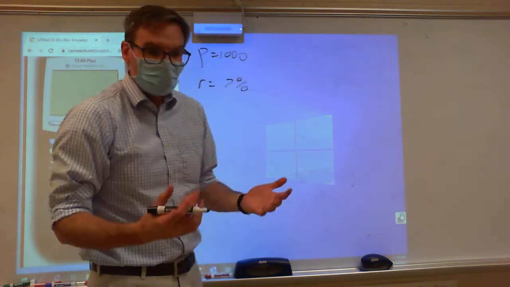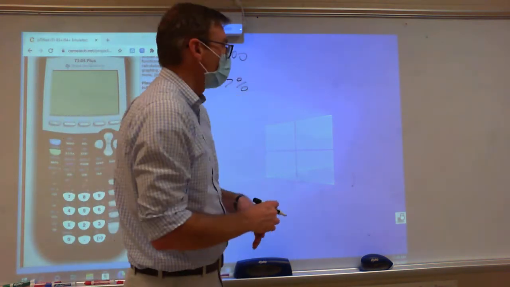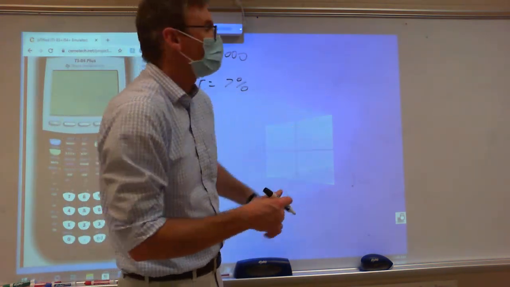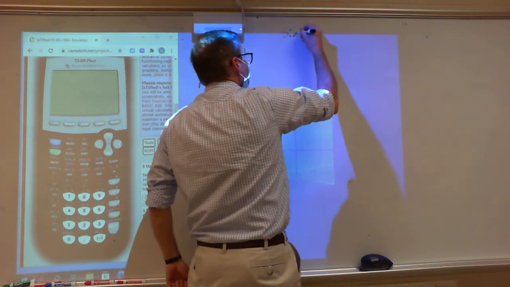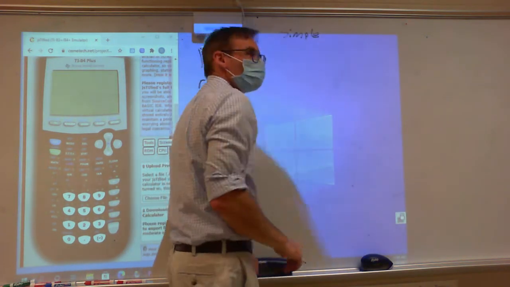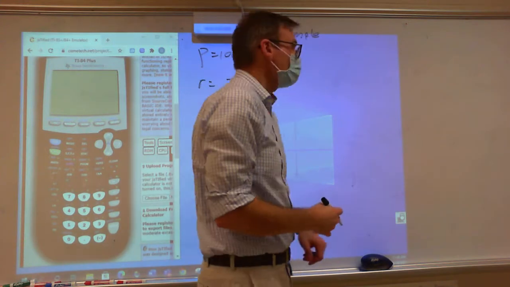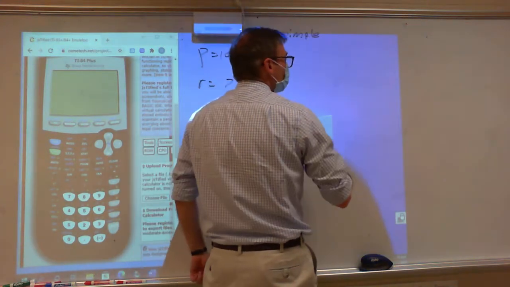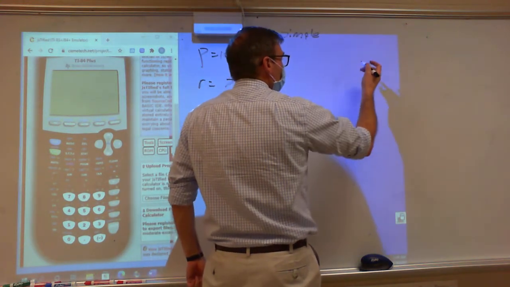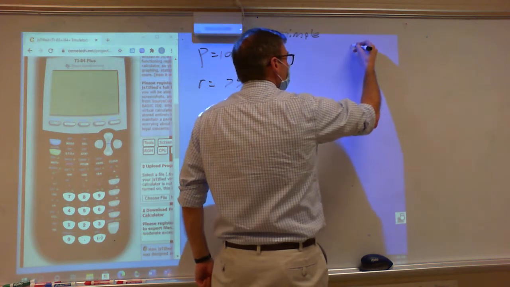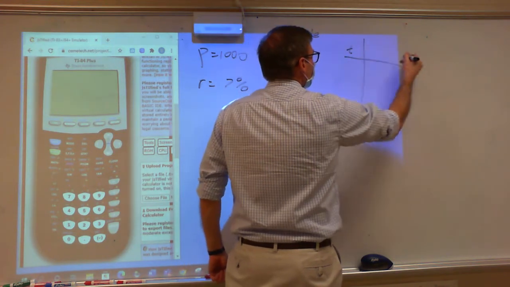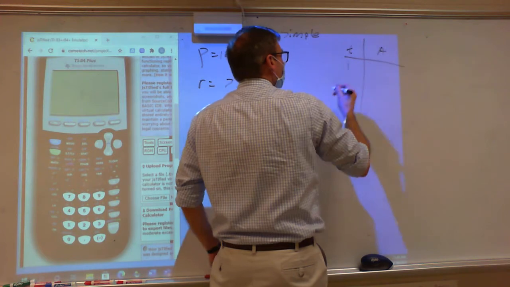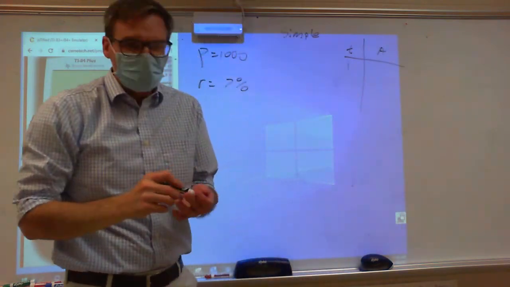So we're going to make up a little chart. First we're going to talk about something called simple interest, and then we'll talk about not simple interest after this. But here's how simple interest works. We're going to have a chart, and here's my amount. We're going to put that $1,000 in for 1 year.